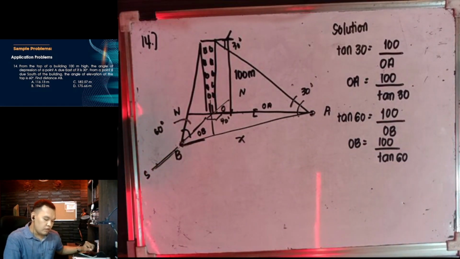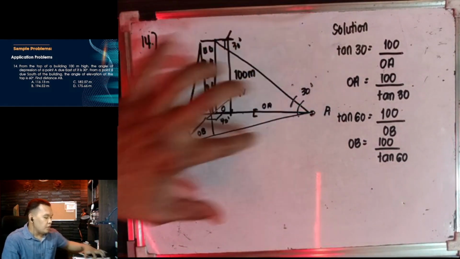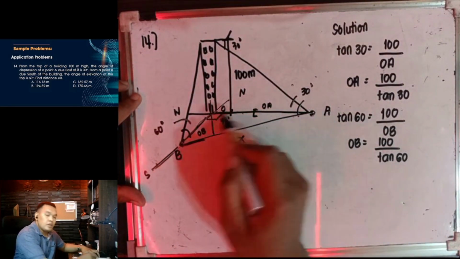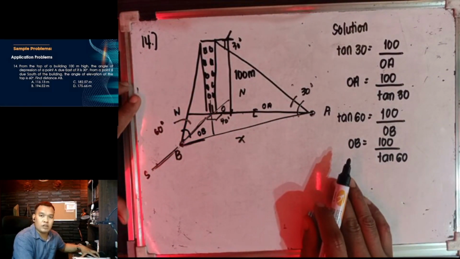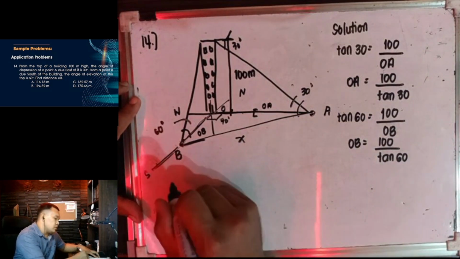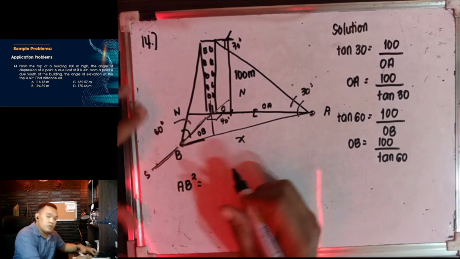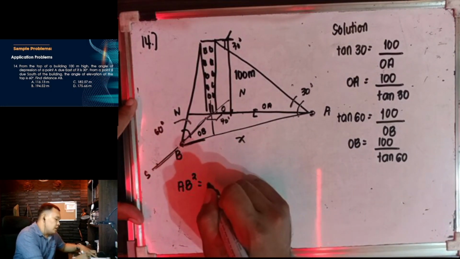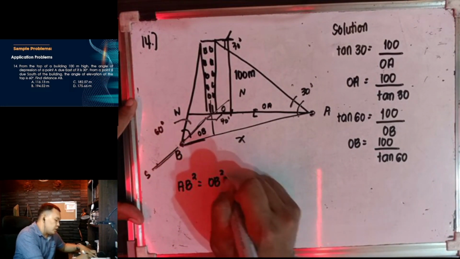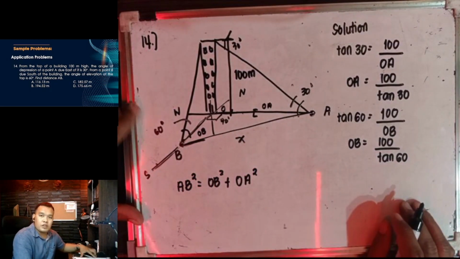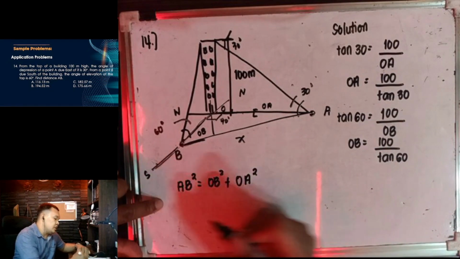Then, to get the value of AB, so we could say na ito ay right triangle, di ba? So we could have Pythagorean theorem, no? So sabihin kong si AB squared is equivalent, which is the hypotenuse, is equivalent kay OB squared plus OA squared. Then lagay mo lang yung value ni OA and ni OB.